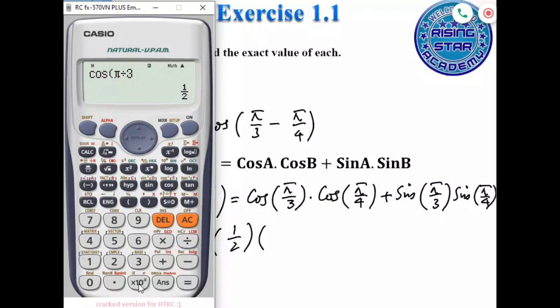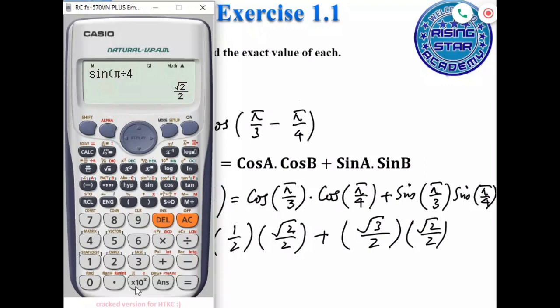Cos pi by 4 value would be root 2 by 2, plus sine pi by 3 value, sine of pi divided by 3, that is square root 3 by 2, and sine pi by 4 value, sine of pi divided by 4, that is square root 2 by 2.